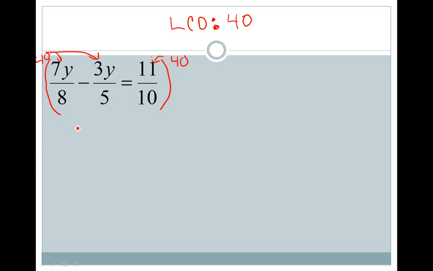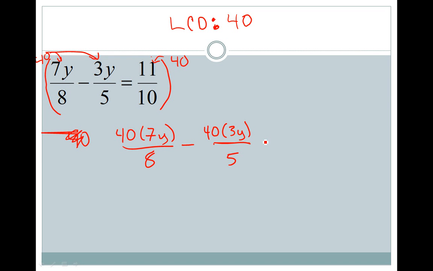And that might seem a little strange, but watch what happens. So I end up with 40 times 7y over 8 minus 40 times 3y over 5 equals 40 times 11 over 10. So we didn't change the denominators.